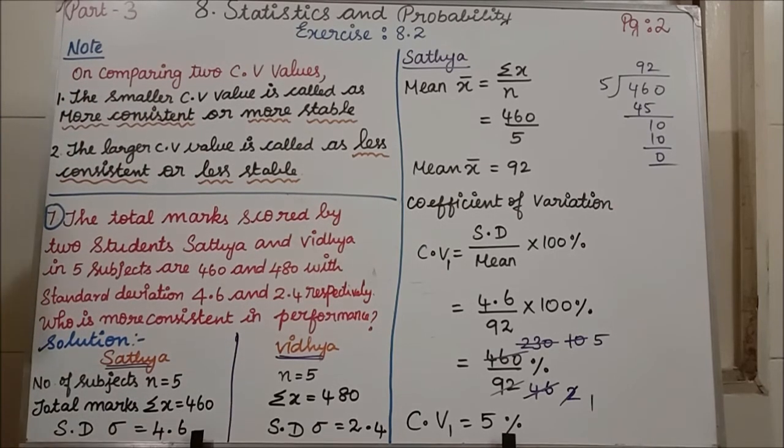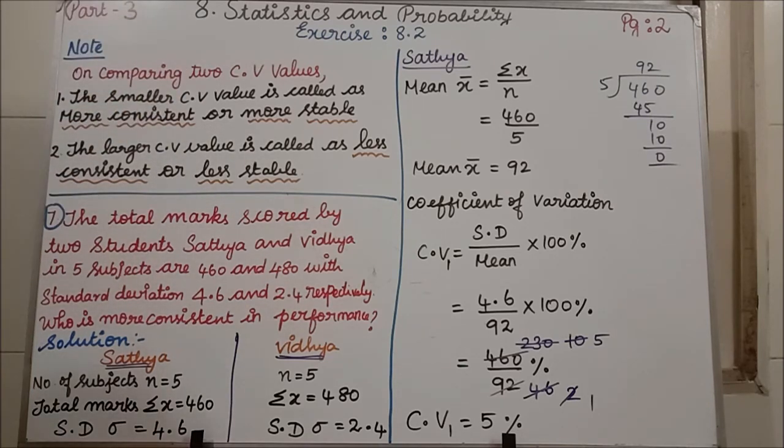Smaller CV value means when you are calculating the CV value, for the first tabular column you are getting 92, for the second tabular column you are getting the answer as 50. So whichever is the smaller CV value, you are going to consider as more consistent or more stable.